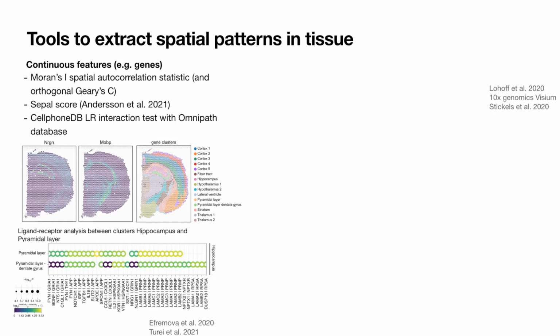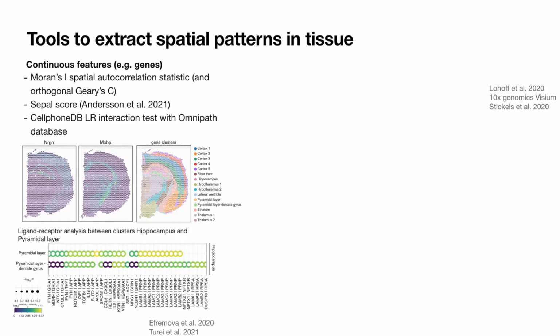So this is done by just querying the OmniPath database for known ligand and receptor interactions and calculating a permutation test. And since you have the spatial information available, you can use clusters or structures that are spatially close to each other. And for some of these ligands and receptors, actually, it's known that they need to be close to each other. So you can select for realistic ligand receptor interactions because you do have the spatial information available.